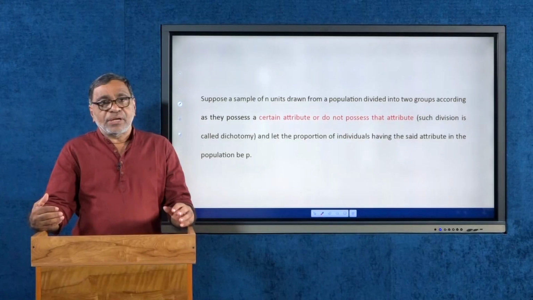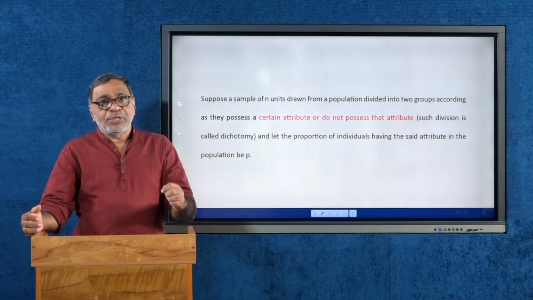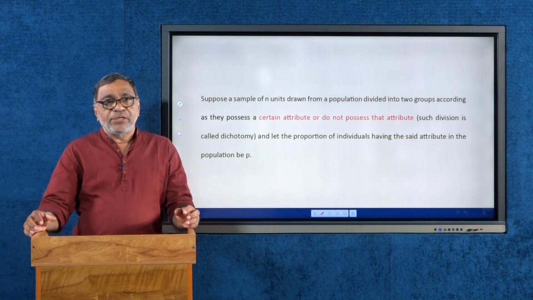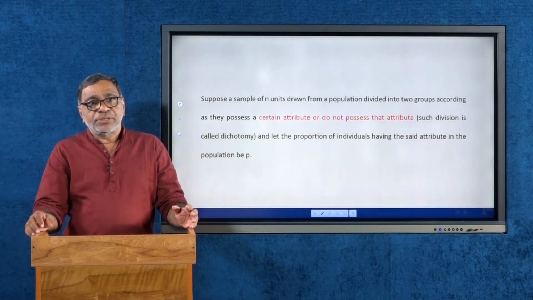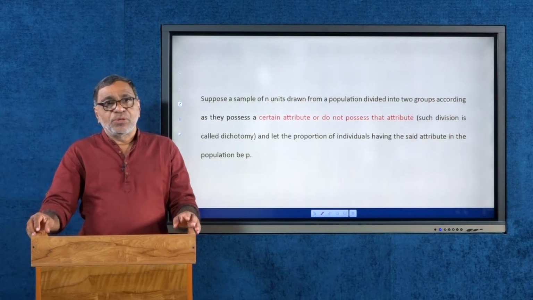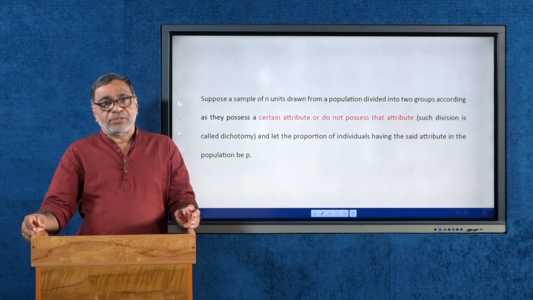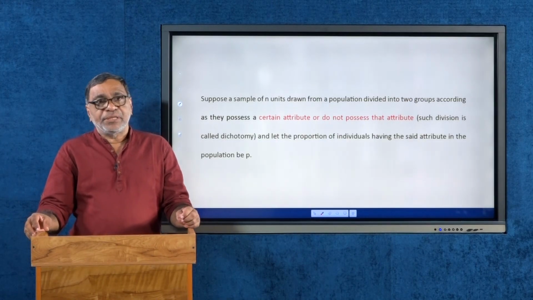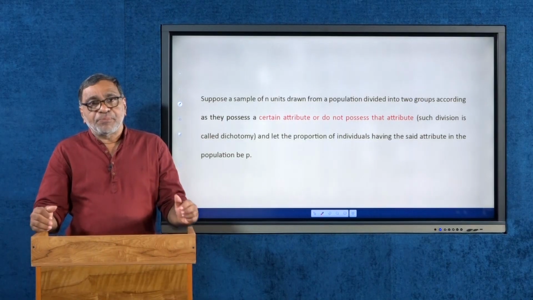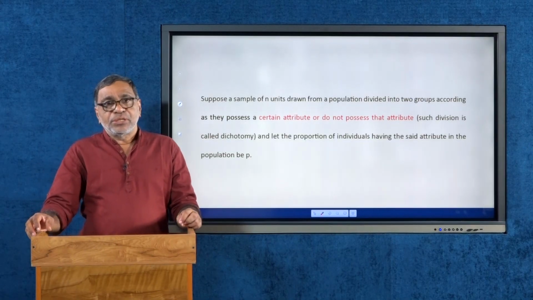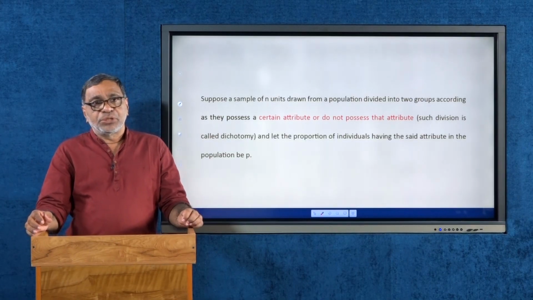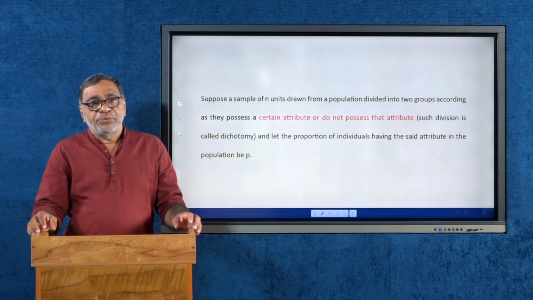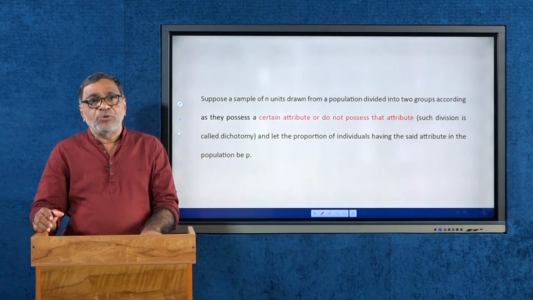So, whenever we have an experiment or an event that is divided into two types, having a certain attribute or not possessing that attribute, such classification we call a dichotomy, and let the proportion of individuals having such attribute in the population be P. Suppose these are given to you, then we apply the binomial distribution.